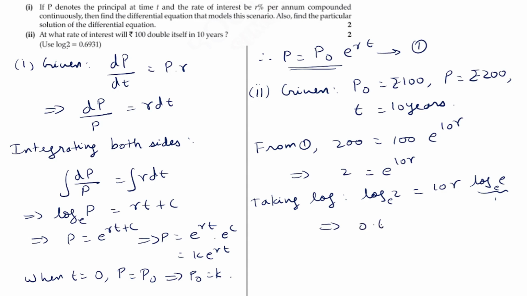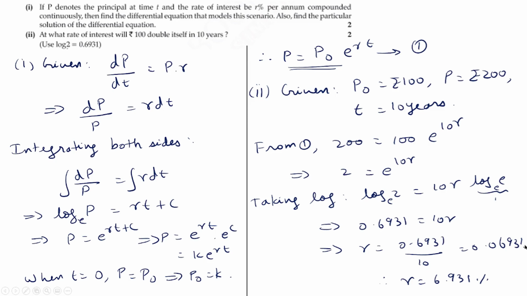This implies 0.6931 equal to 10r. Or r is 0.6931 upon 10, it is 0.06931. Therefore, r is equal to 6.931%. So the rate of interest at which ₹100 will double itself in 10 years is 6.931%.